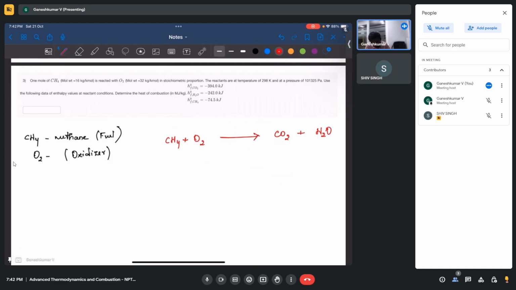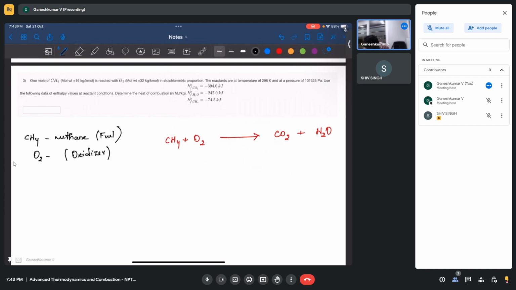It's a stoichiometric condition, which means you need to balance this relation. Stoichiometric means you are converting all the carbon to carbon dioxide and all the hydrogen to water. Complete combustion, exactly.